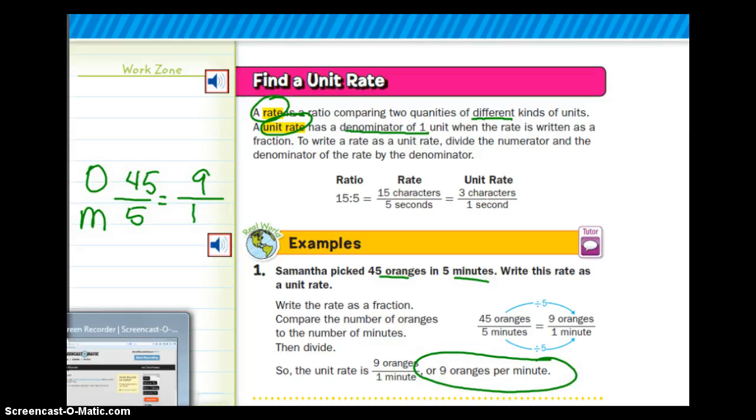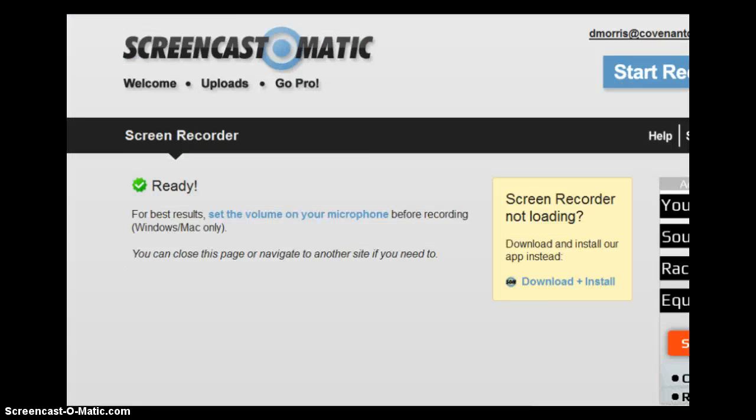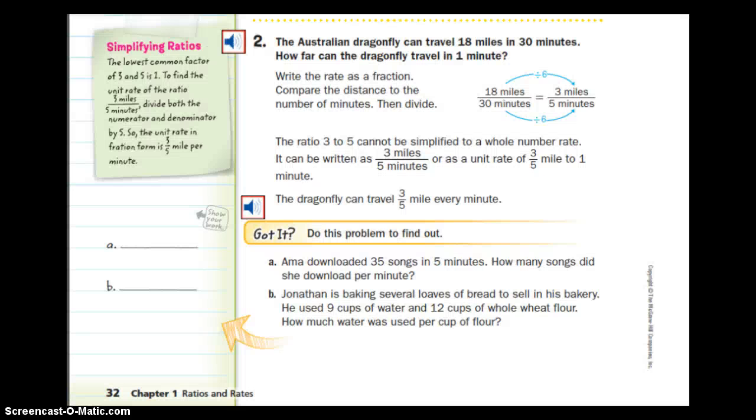Let's look at example number 2. Here we have the Australian dragonfly that can travel 18 miles in 30 minutes. How far can it go in 1 minute? So the first thing that we have to do is write our labels. In this case, remember we have a bunch of letters that are the same, so miles, just put mile and M-I-N. Okay, and we know 18 and 30, and we need to simplify it.